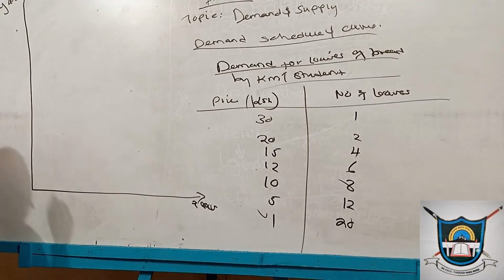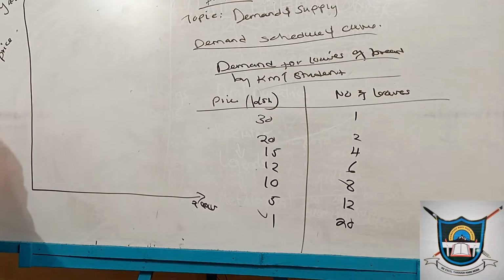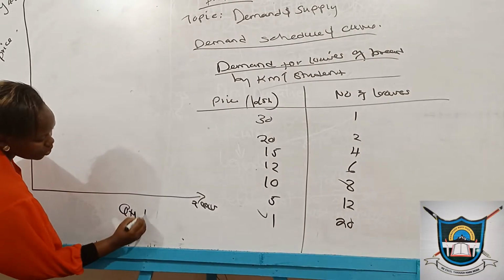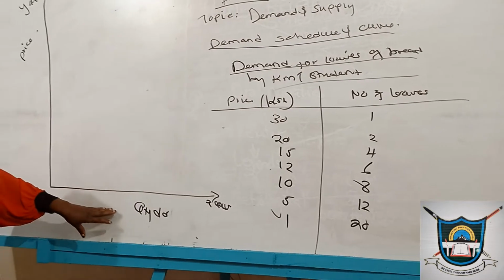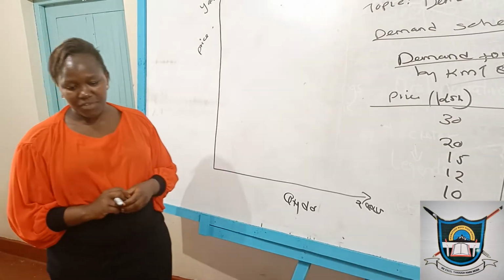On the y-axis, we have the price, and on the x-axis, we have the quantity demanded. Demand we denote with DD.